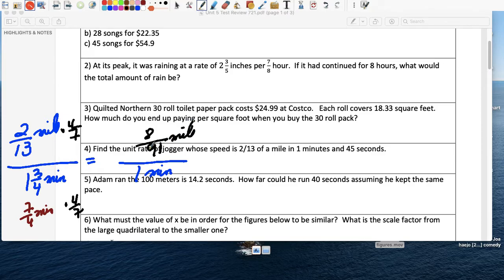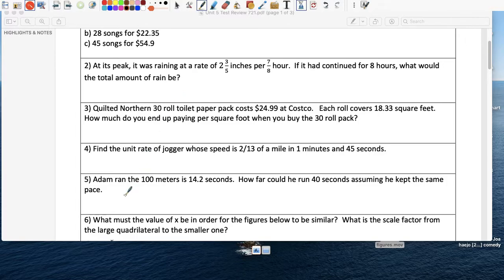So in 1 minute, he can run 8/91 of a mile, which is not that far at all. That seems very little, but it is less time than 1 3/4. So that's your answer.